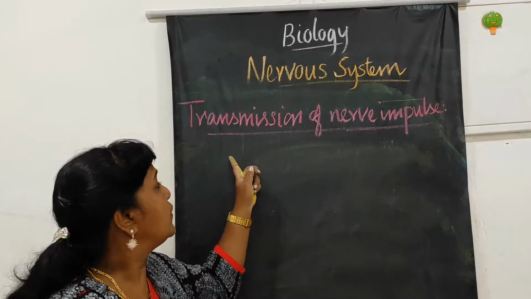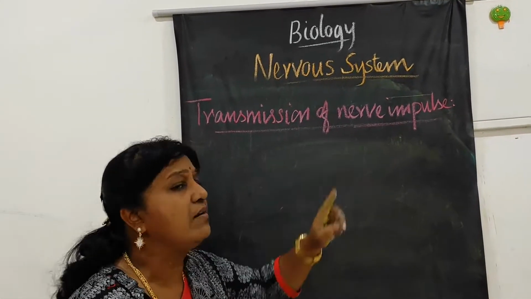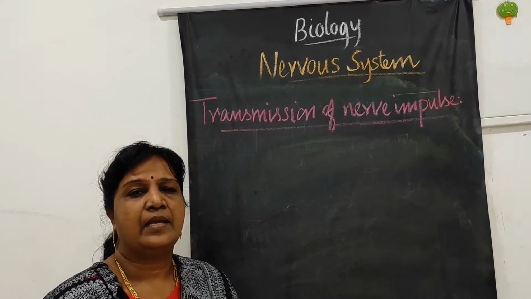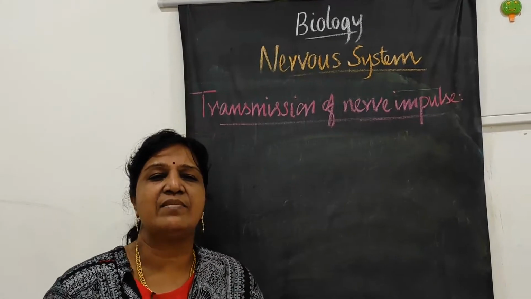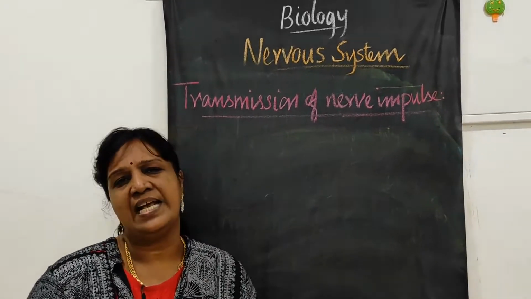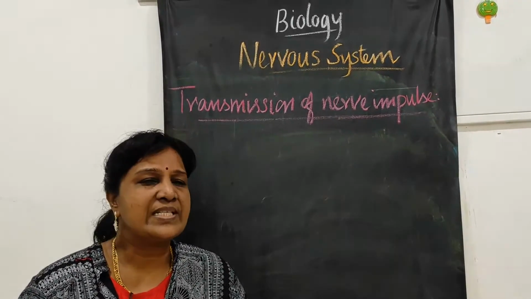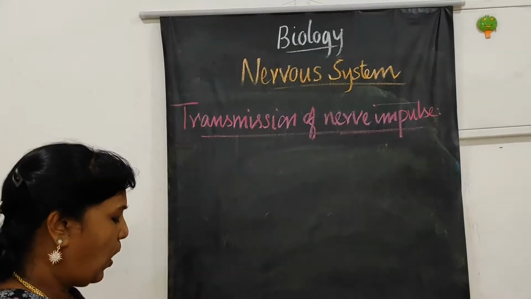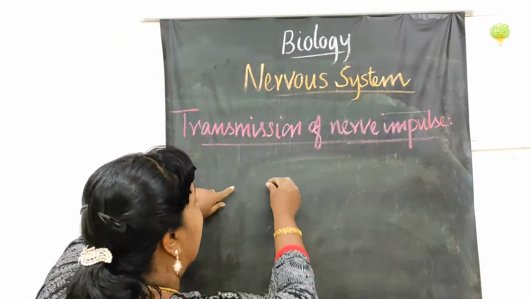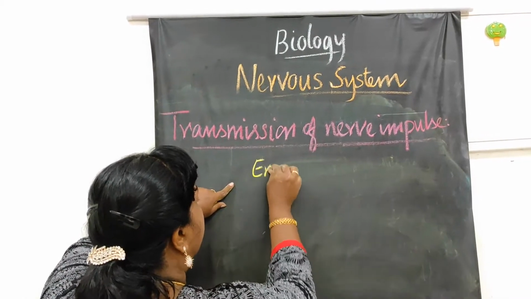So next we are going to see the transmission of nerve impulse. Here all the information from the environment is detected by the receptors. Receptors are nothing but the sense organs.